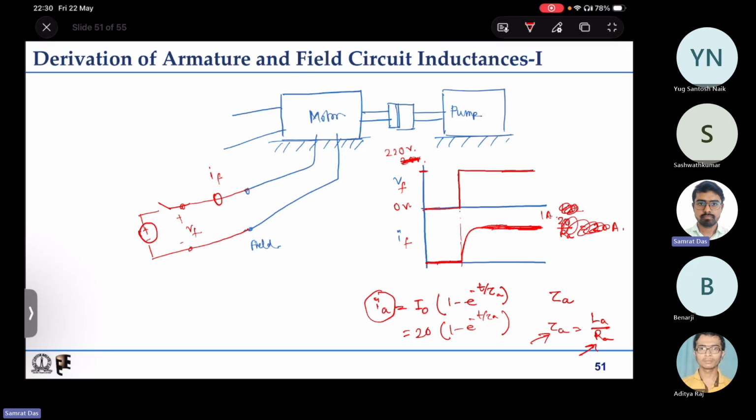By fitting that, we will get tau f, the time constant for the field winding. By equation we know that the time constant tau f is equal to Lf by Rf. Rf we know, tau f we know, so we can find out Lf. This is how we can get the field winding inductance and armature winding inductance.